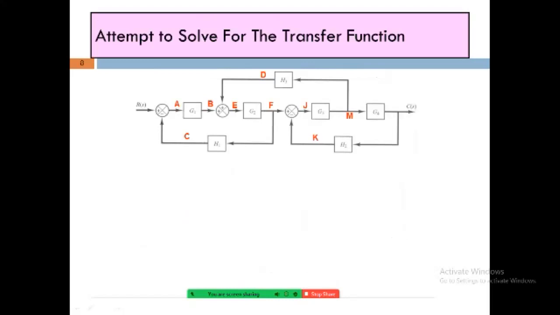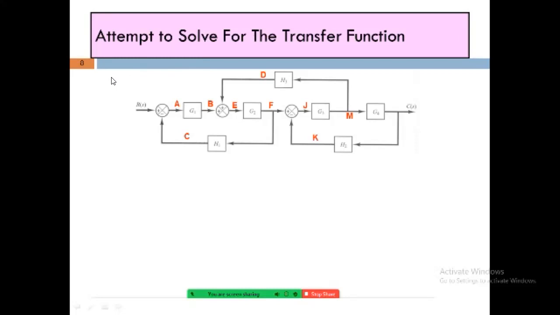Now this is for your homework. R of S and C of S are given in this diagram. So which are the forward paths in this diagram? It is G1, G2, G3 and G4. Okay, one H2 path is given, that is a reverse path or feedback path.